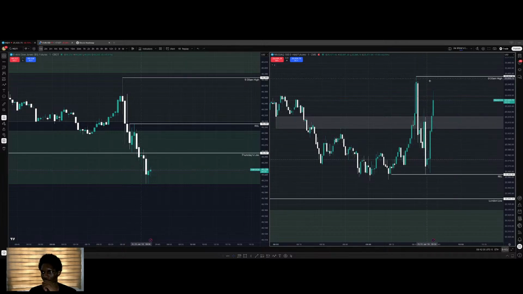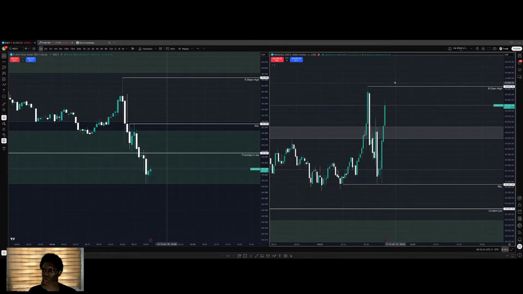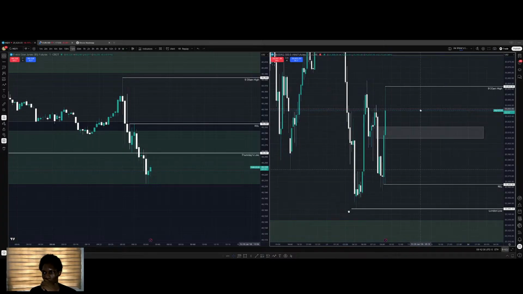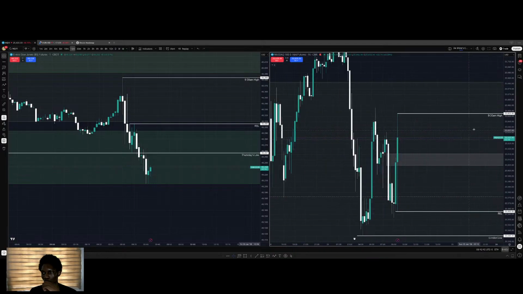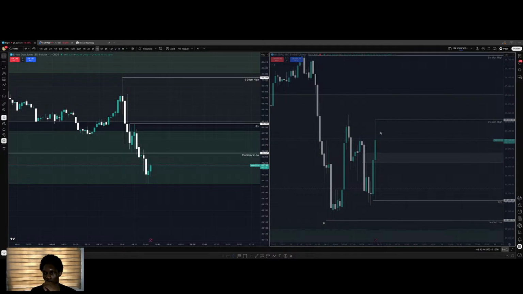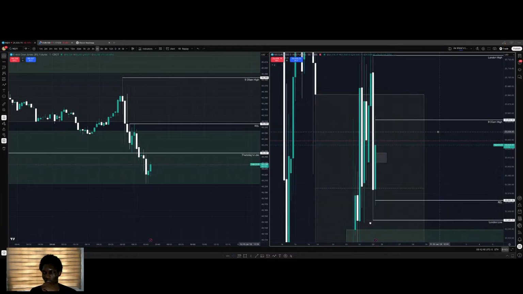If price should take this high out with the news, then I might look for a setup for sell side, because we have equal lows here. And we could be forming a 4-hour gap.